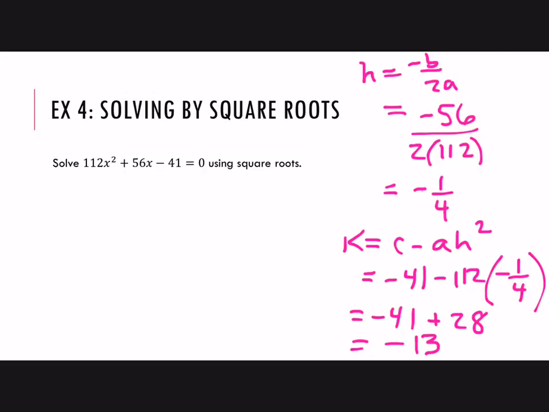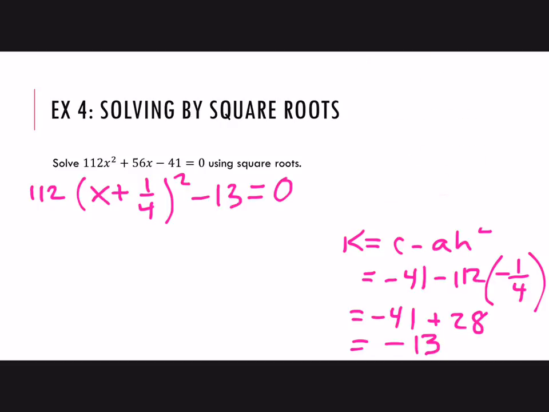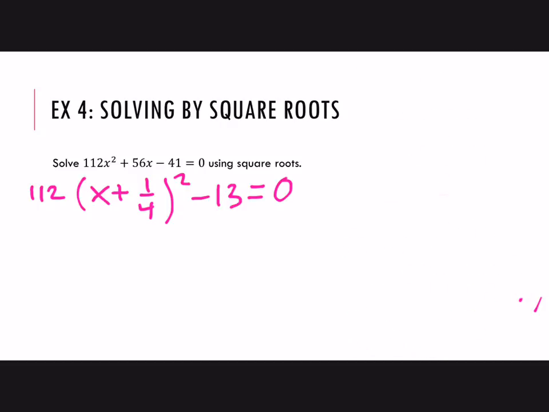Okay, so rewriting this in vertex form, we have a, which is 1/12, in parentheses x minus h, minus negative 1/4, squared, plus k, plus a negative 13, equals 0. Okay, and then solve using square roots.